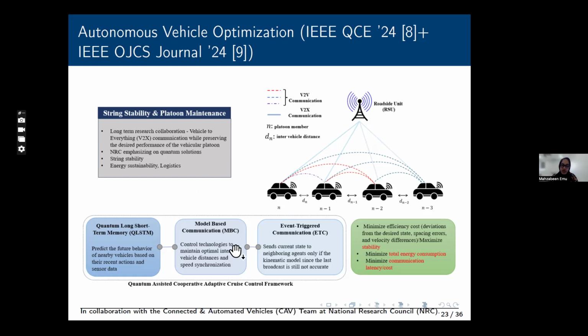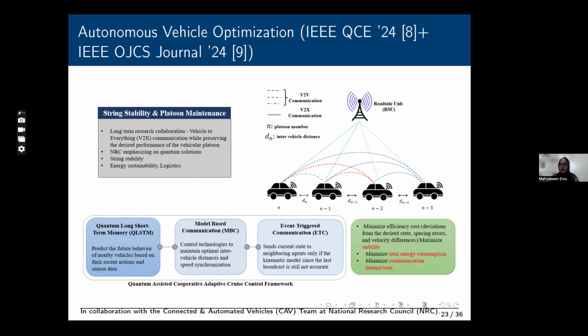We have also used a model-based communication strategy, which is used to maintain optimal inter-vehicle distance and speed synchronization. And we have also used event-triggered communication, which sends the current state of a vehicle to neighboring agents only if the kinematic model since the last broadcast is no longer accurate, to minimize the communication.